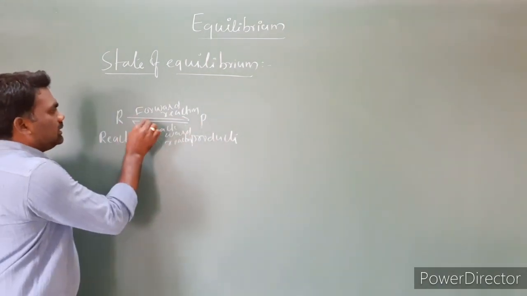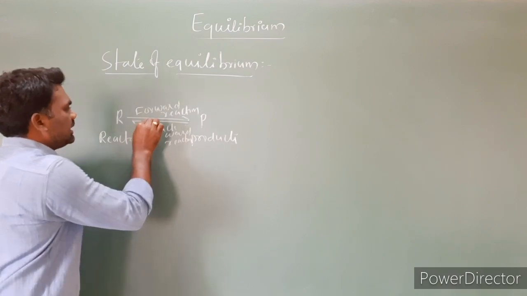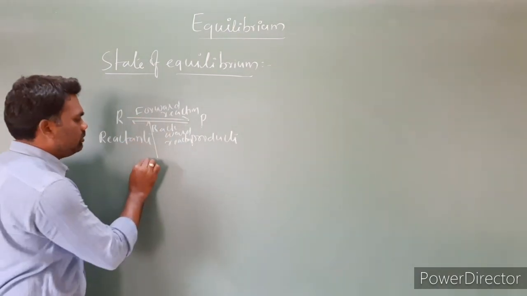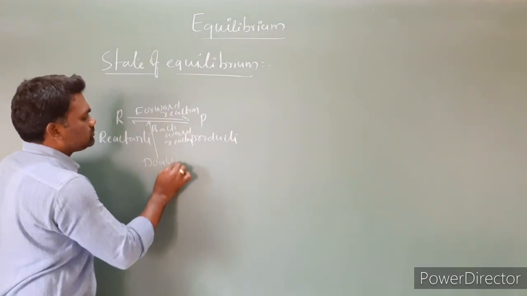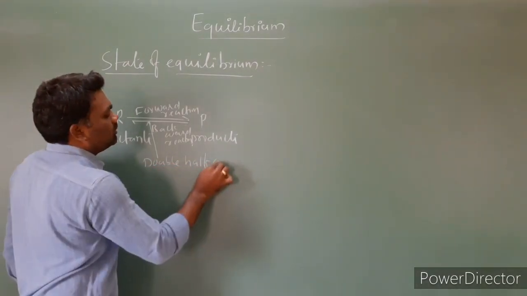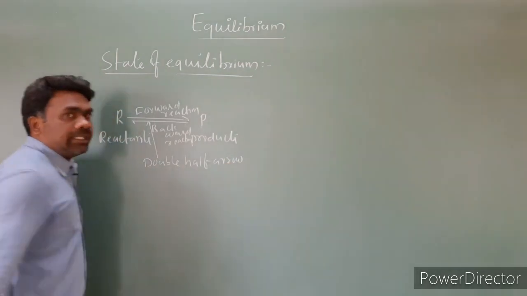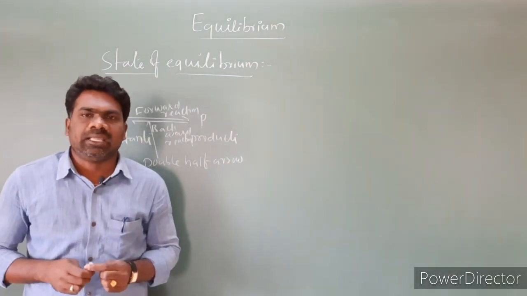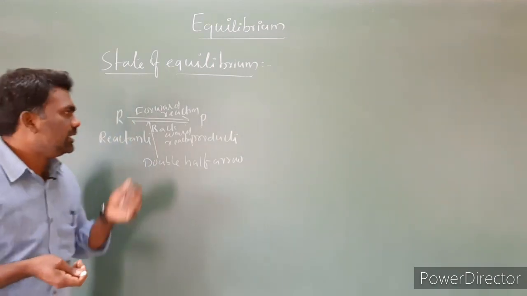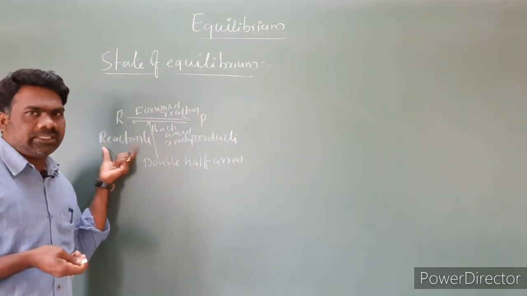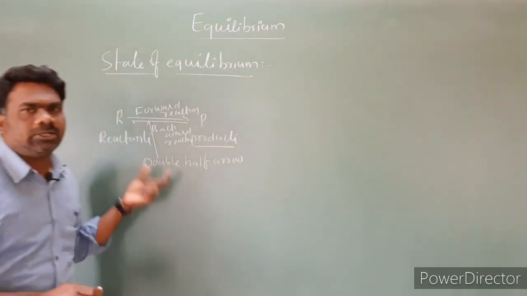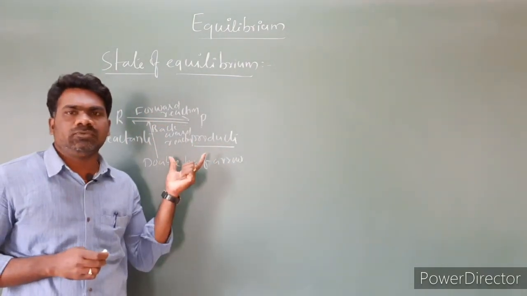Here the equilibrium state is indicated by a double arrow. The state of equilibrium can be defined as a stage at which the concentrations of reactants and products do not change with time.